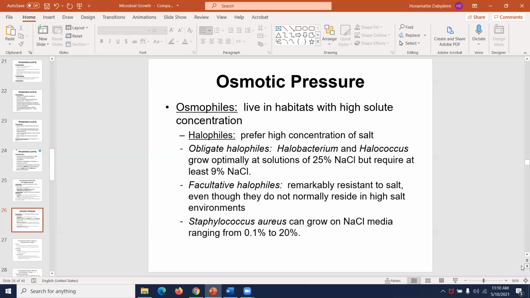In fact, aren't we just preparing some selective media now? Just by increasing the salt, we're preventing all the others from growing, except only those that like the salt will grow. So we have actually created a selective medium using salt as one of the selective agents.